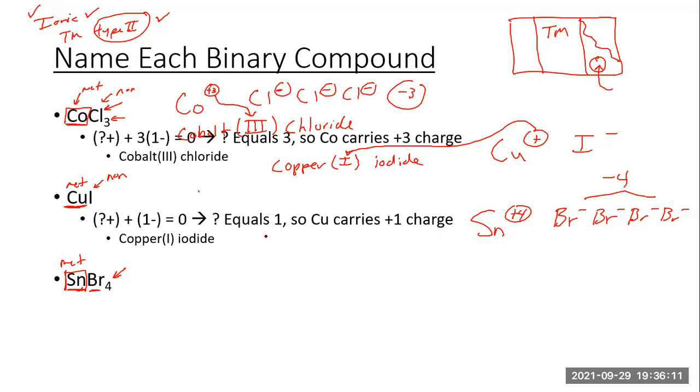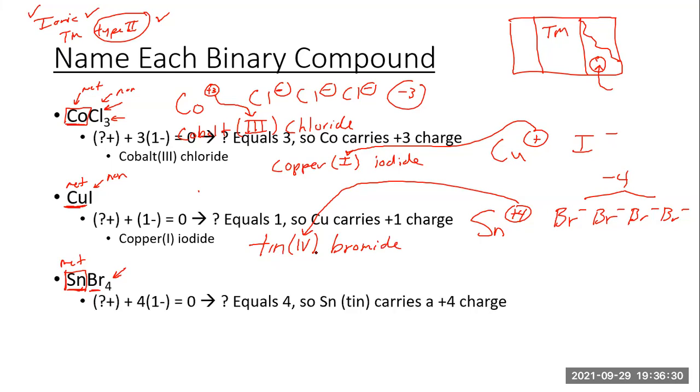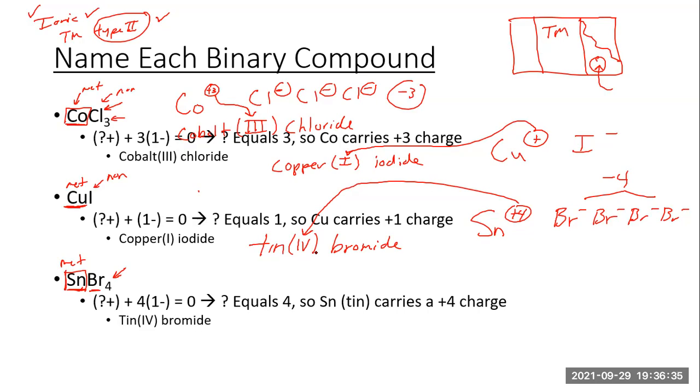And that then yields me a name of tin, Roman numeral 4, again, because it's +4 here. And even though we have 4 of the bromines here, it is just named with the IDE at the end of it. And this would be tin Roman numeral 4 bromide. Any questions on any of those names there?